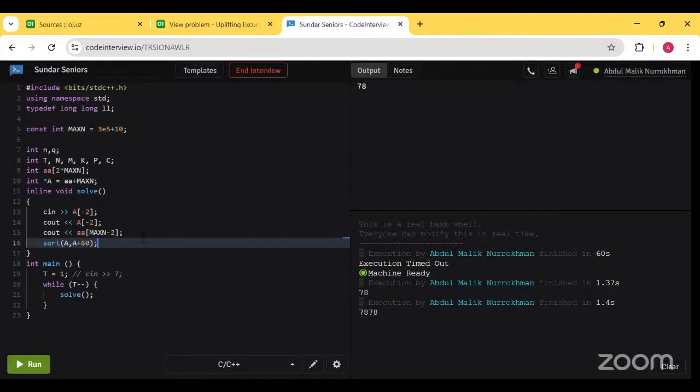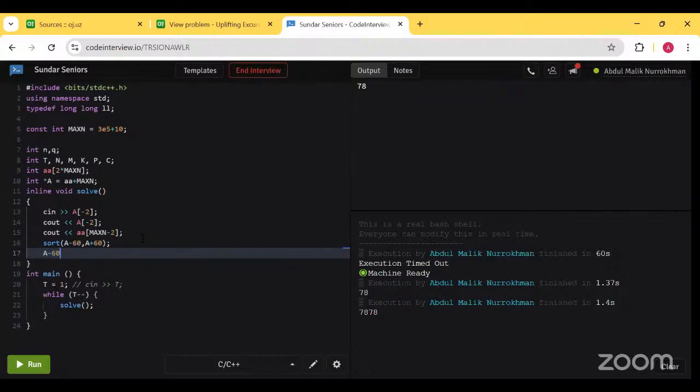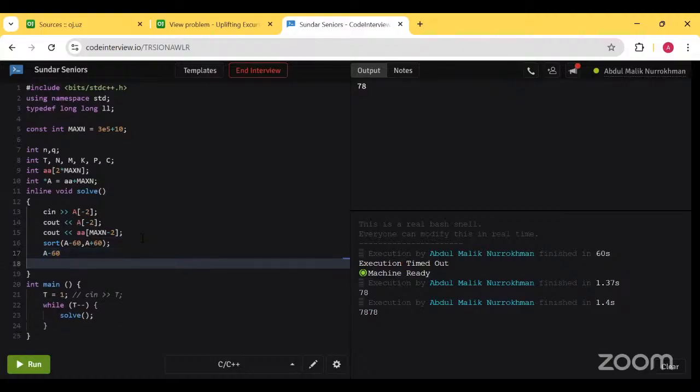And since there is a negative index, we can sort from negative 60 to positive 60. So a minus 60 means the address of a minus 60.